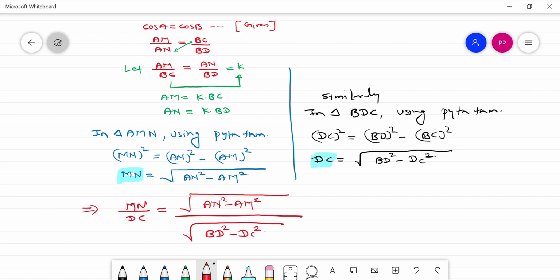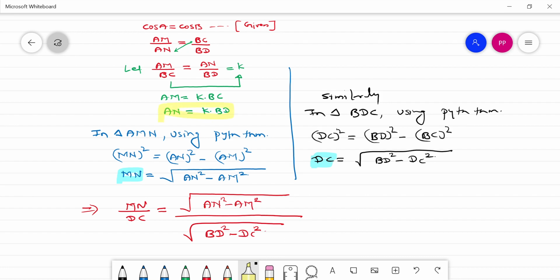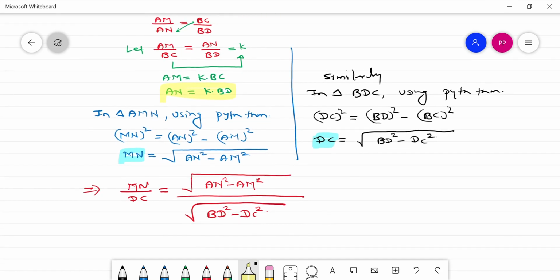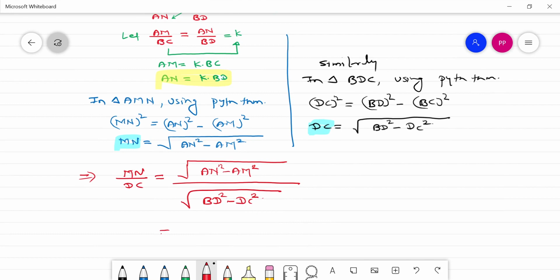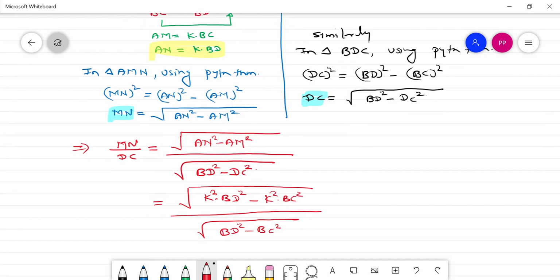Now we know value of AN is nothing but K into BD, so this value we can substitute here. So what we'll get, that is AN square becomes K square into BD square minus AM is nothing but K square into BC square, the whole divided by root of BD square minus BC square.